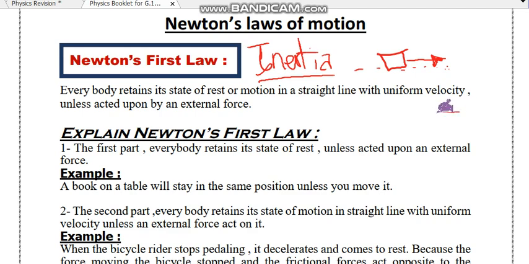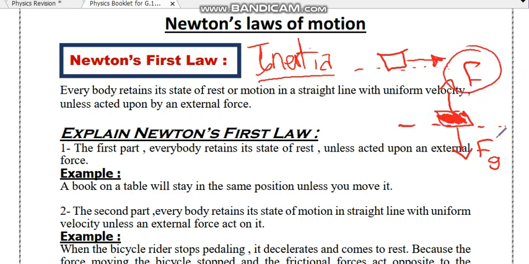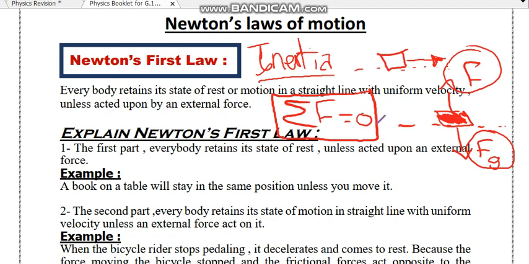Firstly, a static body like the book has two equal opposite forces acting on it: first, the force of gravity, and second, the force that holds it up on the table. The sum of these forces equals 0, so the body will be static at this position.